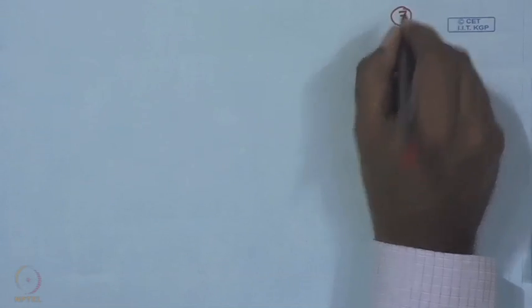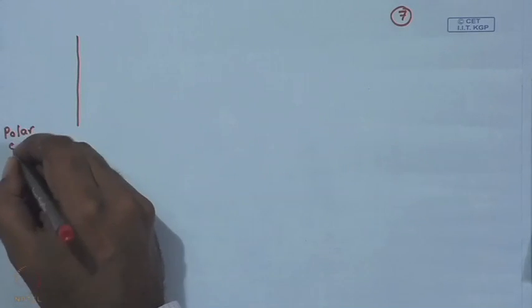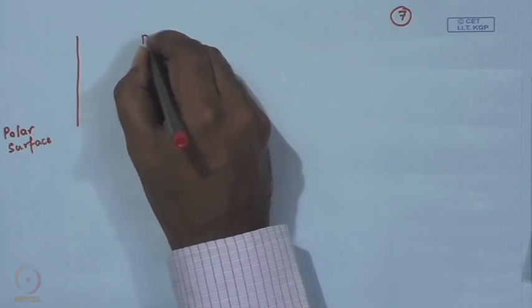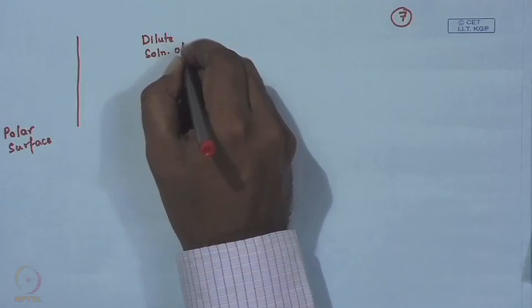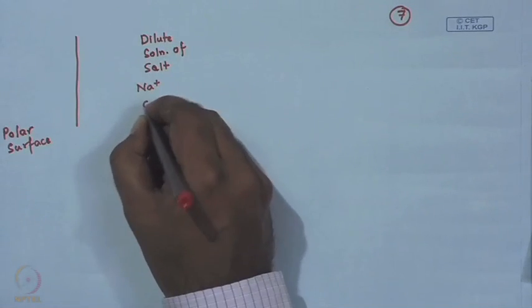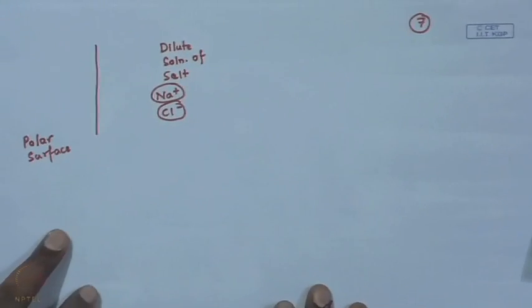So, let us say that a dilute solution of salt is in contact with a polar surface. You have a polar surface which is in contact with a dilute solution of, let us say, salt. Therefore, you have these ions which are freely moving in the liquid medium.